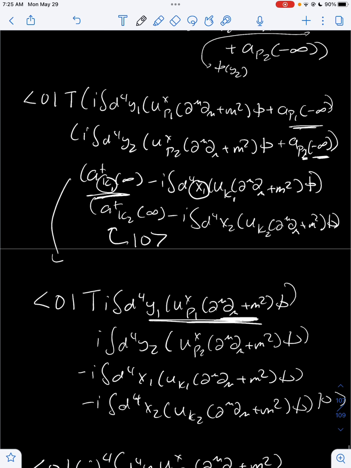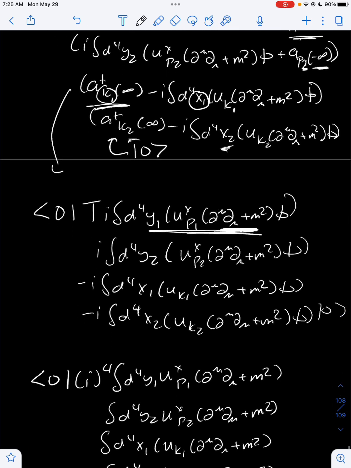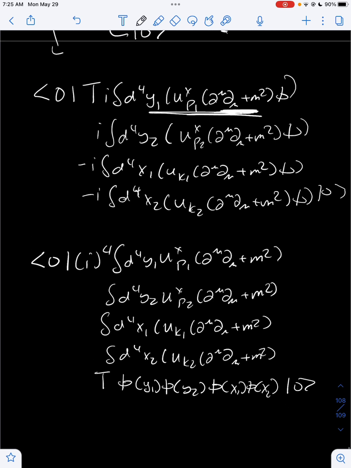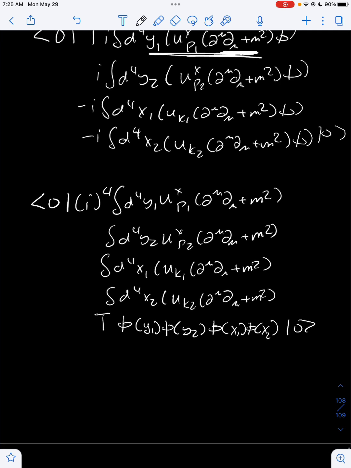If we use k2, we can't just use some general x. We have to use x2 as well, because this is the integral over spacetime for the second particle. But why do we use y in y2? We don't have to use y. We're using y just to be neat, basically.